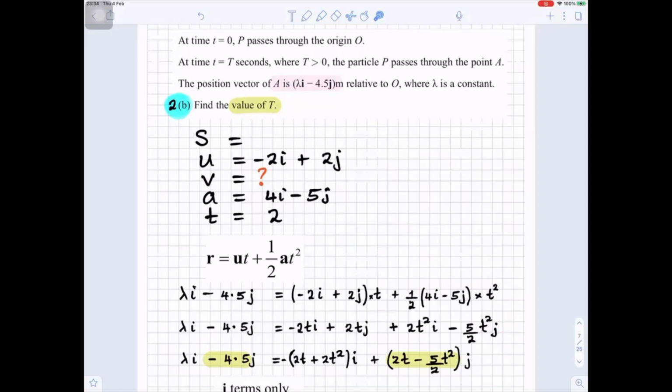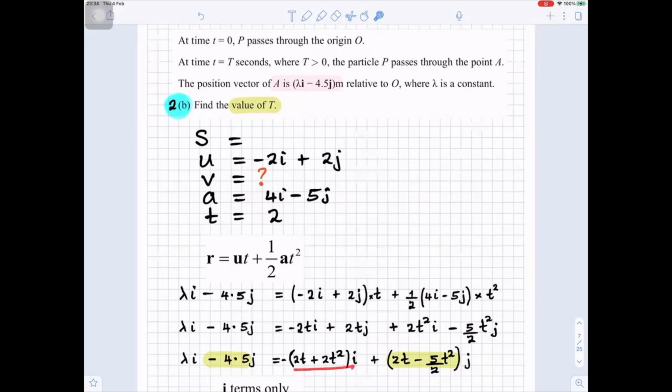We put in brackets minus 2t plus 2t squared, all i. So put all the i's together, minus 2t plus 2t squared, and put the j's together, 2t minus 5 over 2 t squared j, is equal to lambda i minus 4.5j.